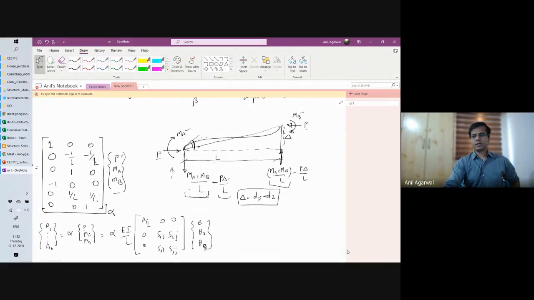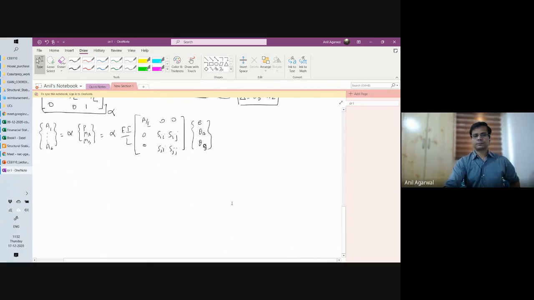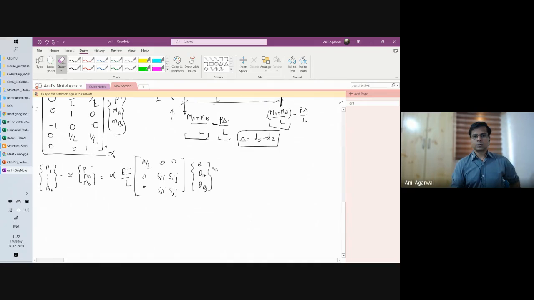So I can substitute that here. So this one is basically beta times the displacement vector. So now I've got the force vector, which is equal to alpha times this stiffness matrix times beta times the displacement vector.